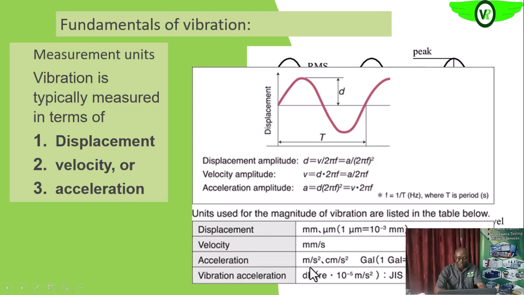The acceleration, we also have millimeter per second, meter per second, millimeter per second square, meter per second square, centimeter per second square, or the G, okay. So these are some of the units that you will come across during the course of your vibration analysis.